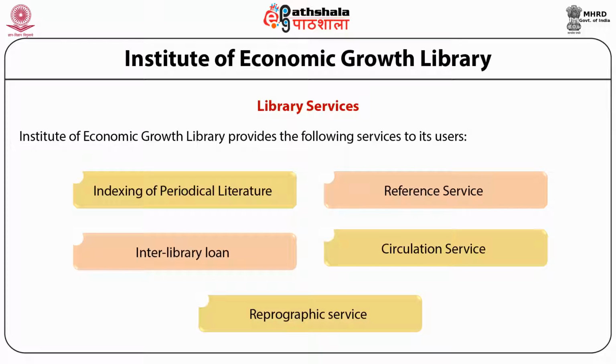Thus, it can be seen that IEG provides almost all library services to its researchers so that researchers can access the resources of the library through various systems and also access online information through the internet.